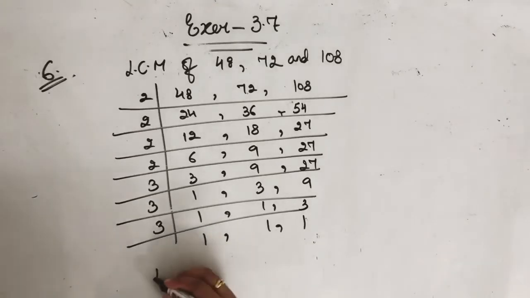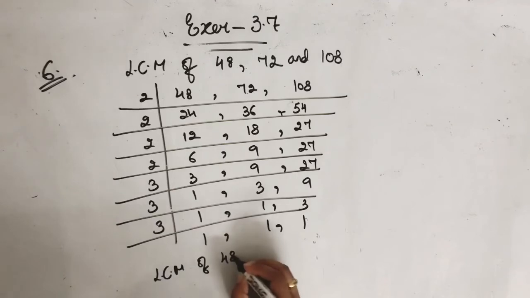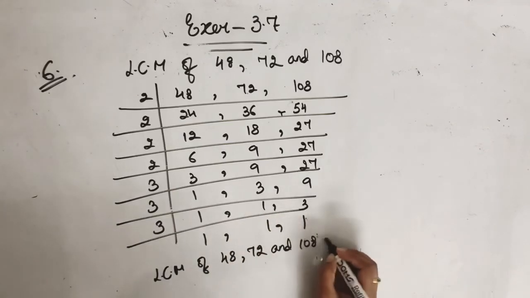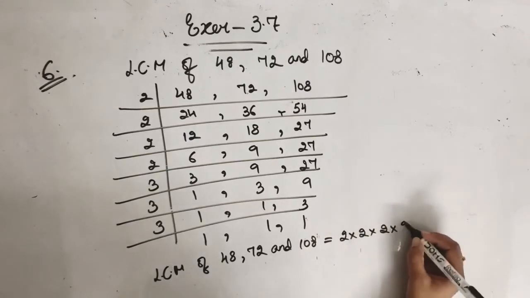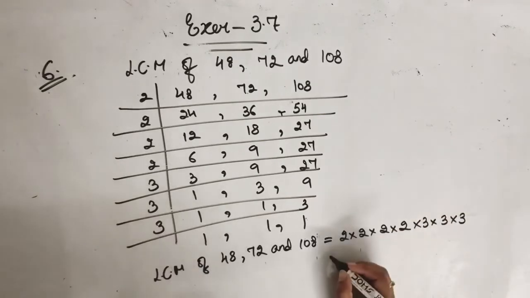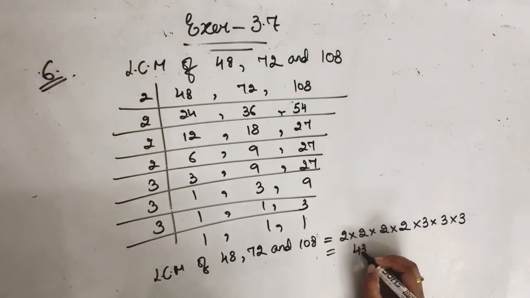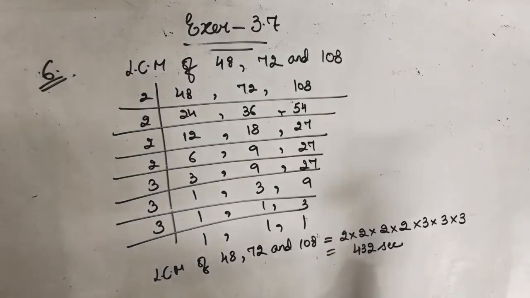So the LCM of these three numbers will be the product of 2, 2, 2, 2, 3, 3 and 3. So it will be equal to 432 seconds. So after 432 seconds, the lights will change simultaneously.